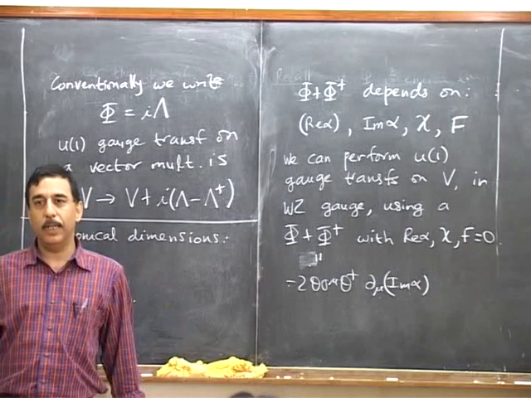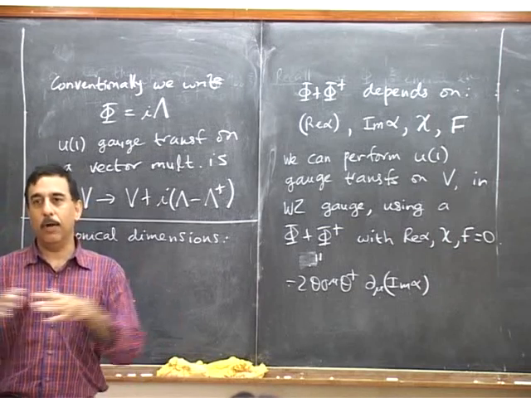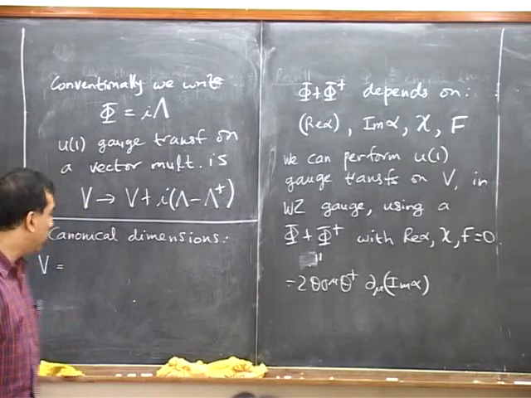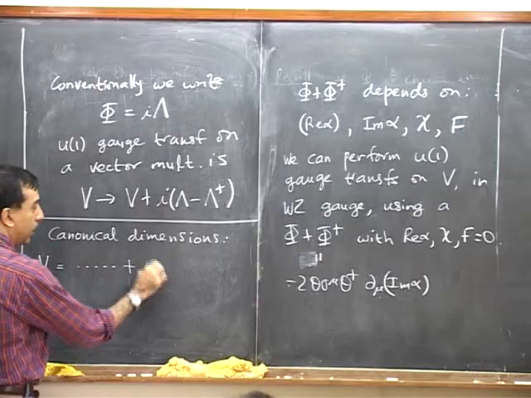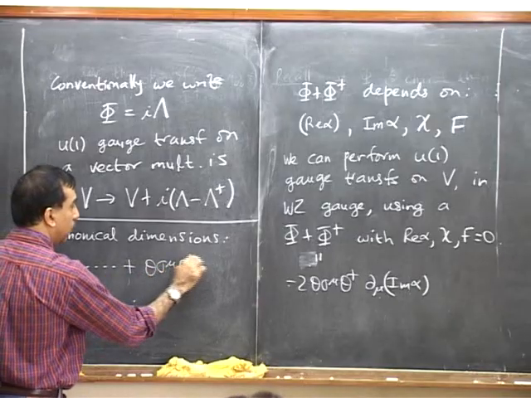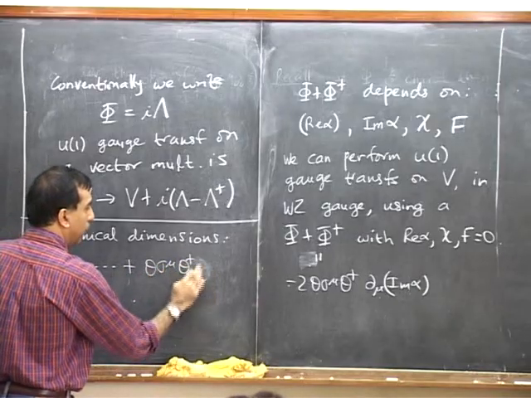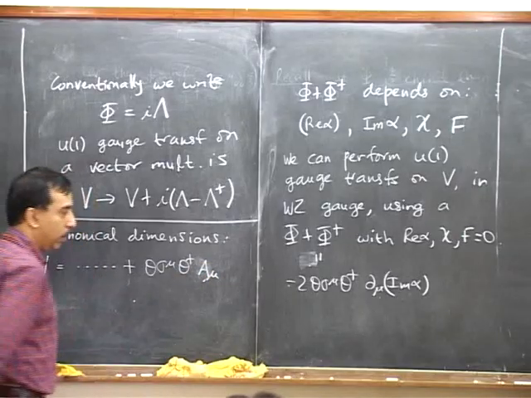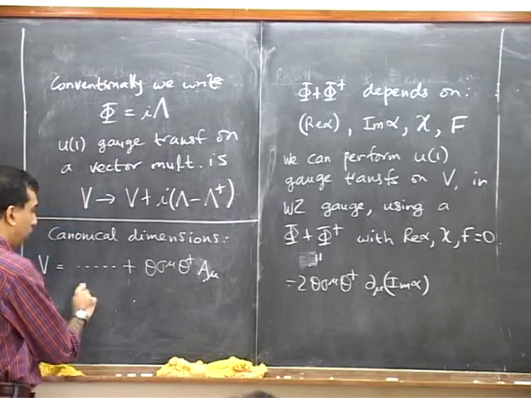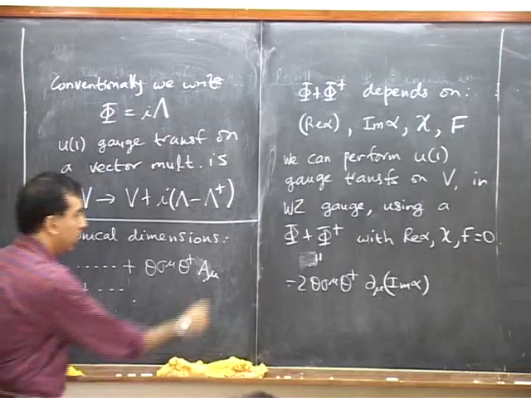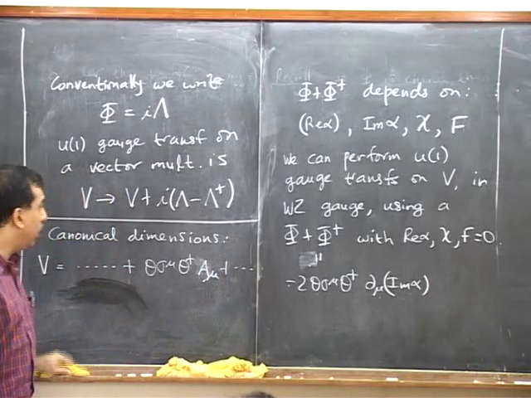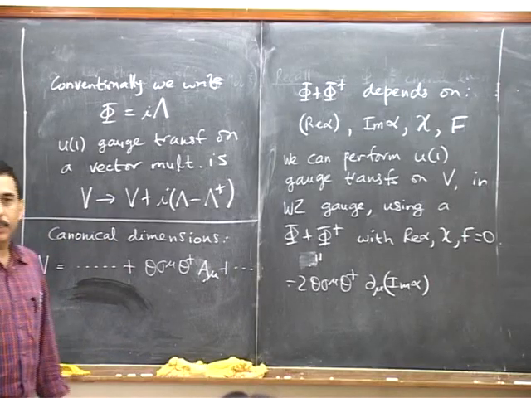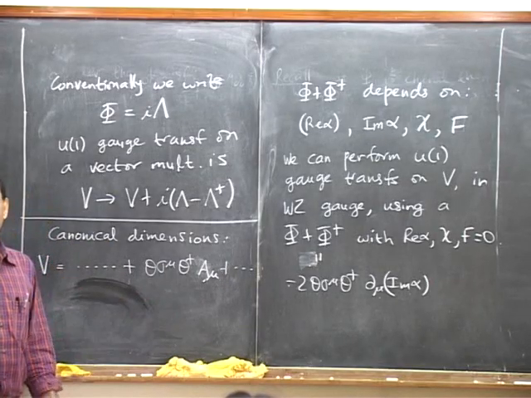That's a physical field, and we know its canonical dimension, and then all the other canonical dimensions just follow. So V in any gauge has all sort of stuff, but then it has theta sigma mu theta dagger A mu, and then more stuff. So what does that tell me about the canonical dimension of V? This is enough to read off the canonical dimension of V.